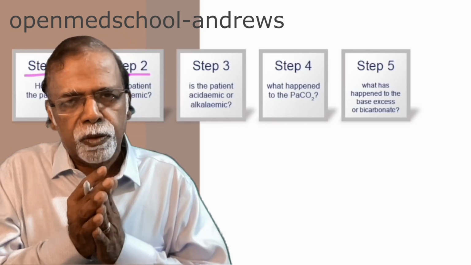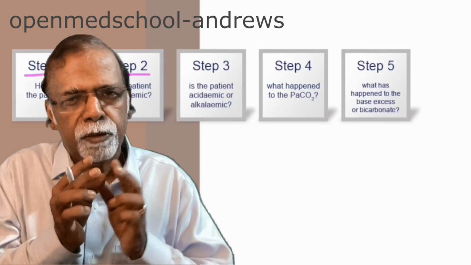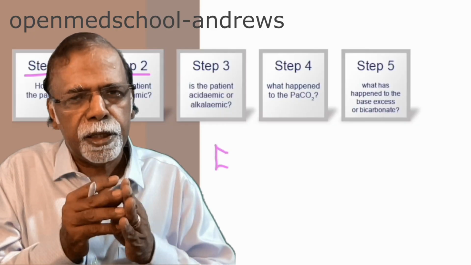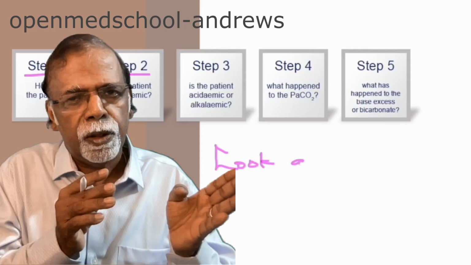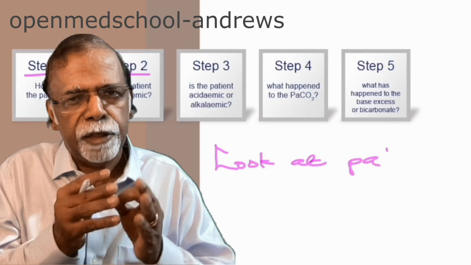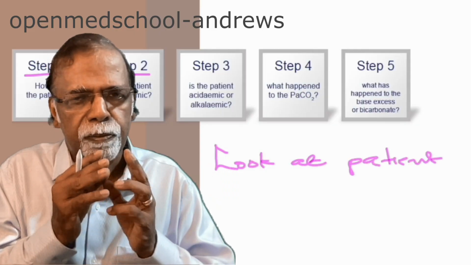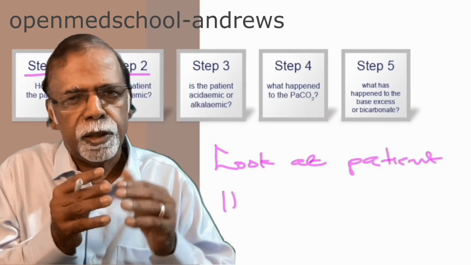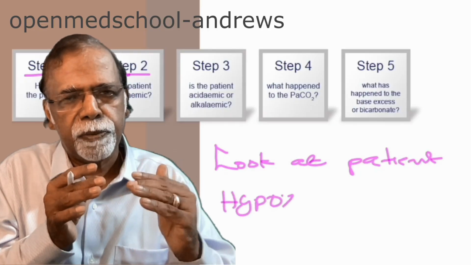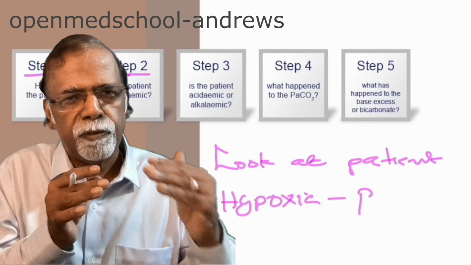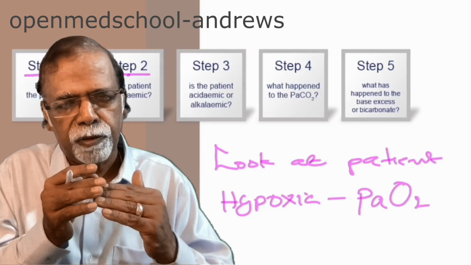So today we have discussed about the steps, and the first two steps, the clinical status of the patient we have to look for. Second is identify whether the patient is having hypoxia or hypoxemic, that is respiratory failure. If it is respiratory failure, identify whether it is type 1 respiratory failure or type 2 respiratory failure.